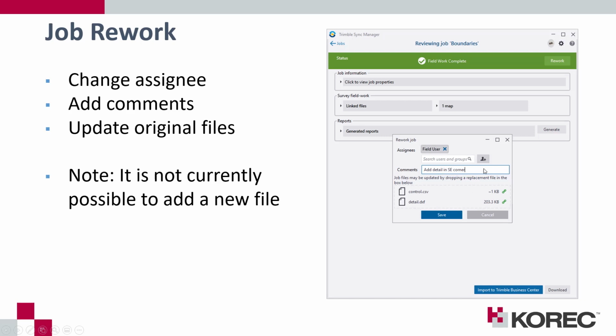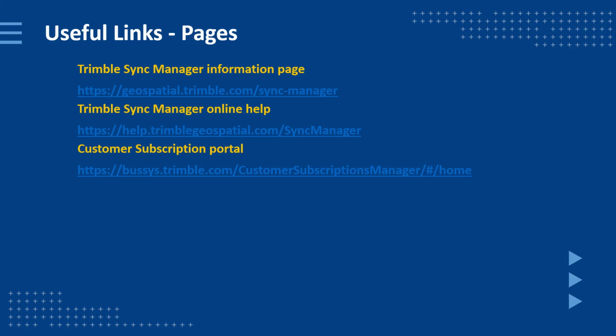So you just add comments, so add more survey detail to the southeast corner, hit save, and then they'll get a notification to update the works out in the field, redo the work out in the field, do your survey, and then sync it back to Sync Manager, and then the work will be complete with the rework.